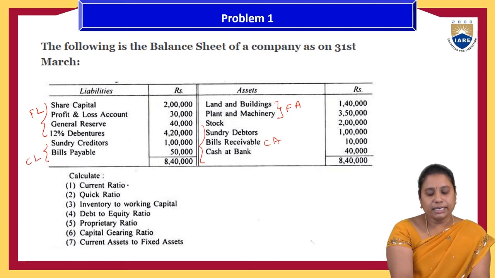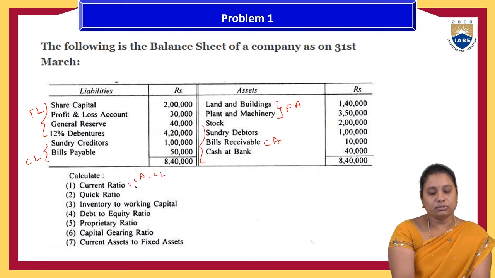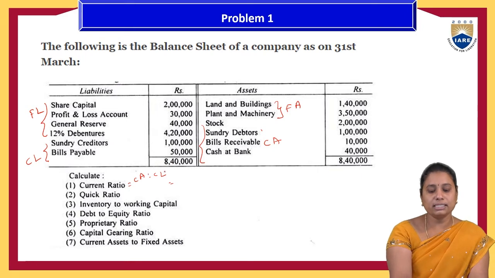Now, current ratio is current assets to current liabilities. So the total of these four elements divided by the total of the two elements called current liabilities. Current ratio is current assets divided by current liabilities. And quick ratio is quick assets divided by current liabilities.